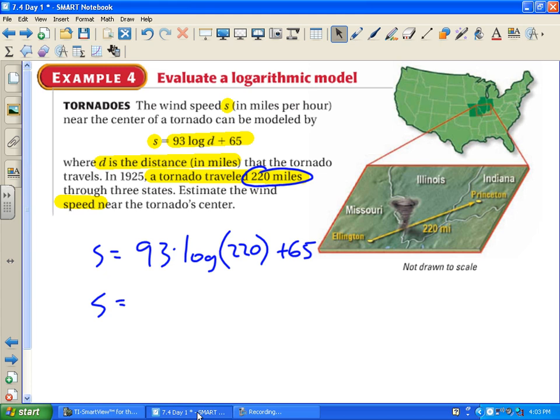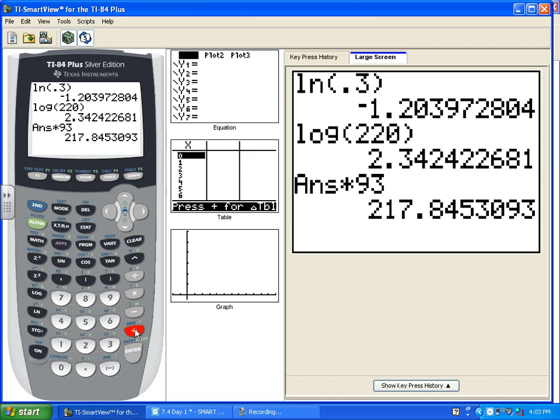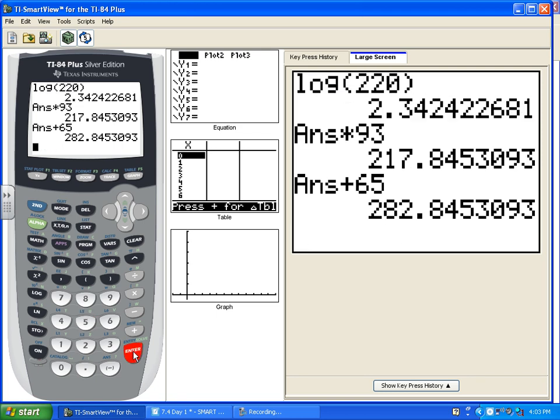The next thing we have to do is add 65. Enter. And we get 282.845. We'll round that up to about 283. It's rounding to the nearest whole number.